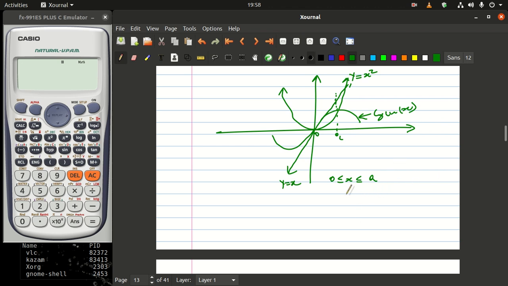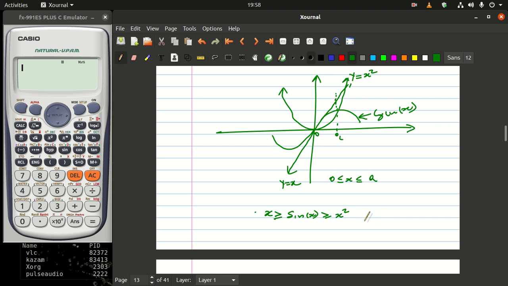Now if I look into this, I would end up with x is bigger than or equal to sine of x, and x is bigger than or equal to x squared.